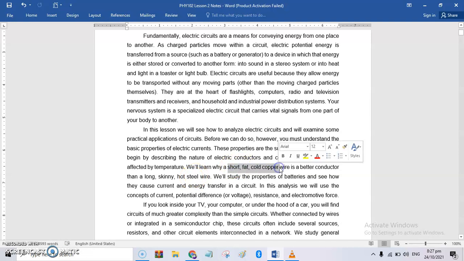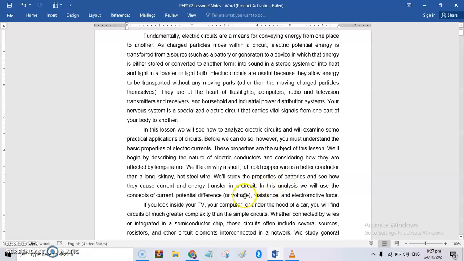So, yung mga light natin sa bahay, merong maninipis at merong makakapal. In this lesson, we will learn bakit yung mga makakapal na copper wire is better than doon sa mga thin wires. And also, we'll study the properties of batteries and how they cause current and energy transfer in a circuit.